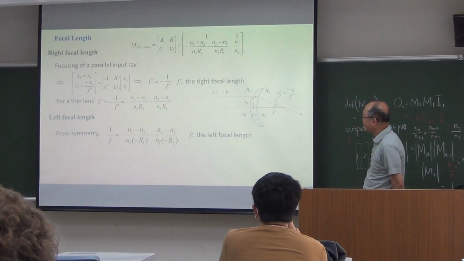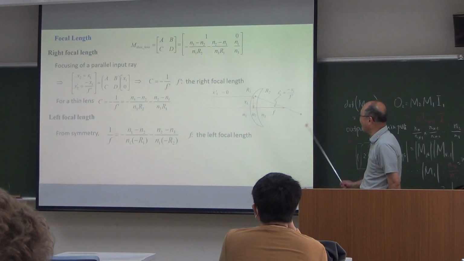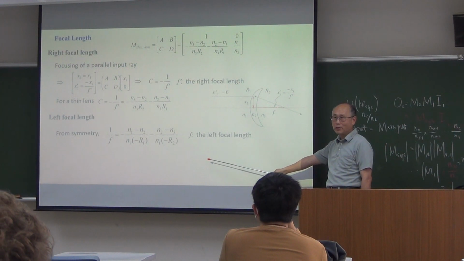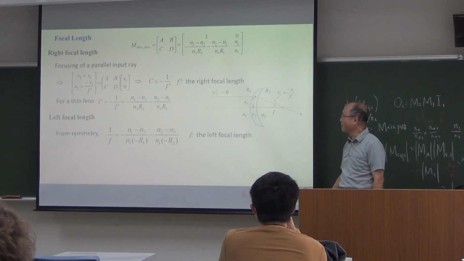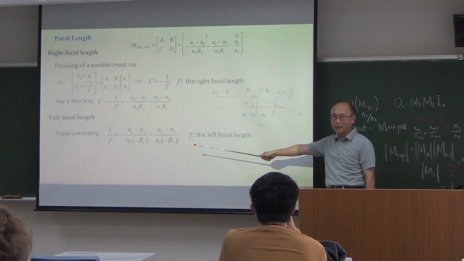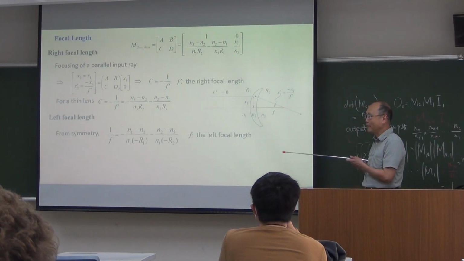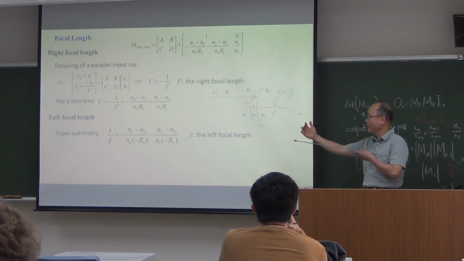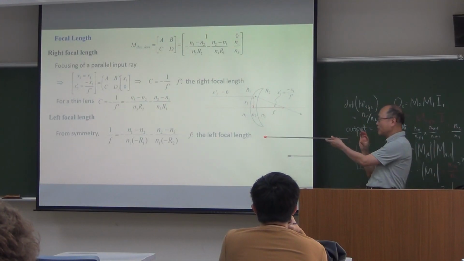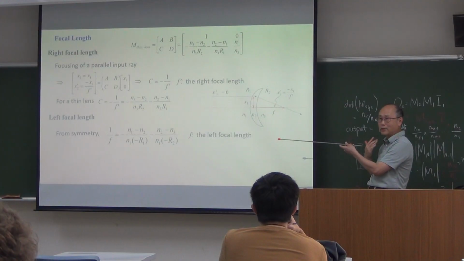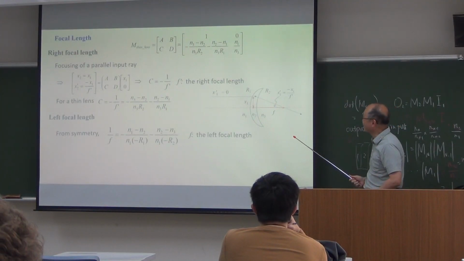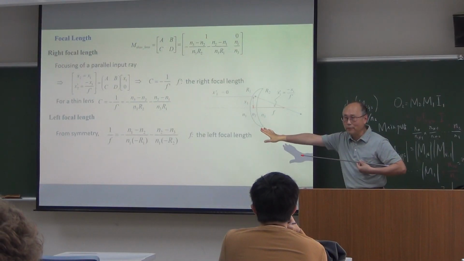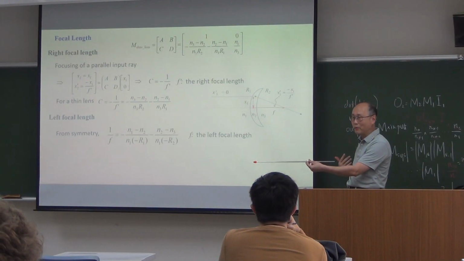Well, sometimes you have some refraction of the light. You also need to know the focal length on the other side. For example, if I construct a telescope or microscope, then I have my object here, and I'll be seeing the light coming along this direction. So we need to understand the focal length in the forward direction and the focal length in the backward direction.